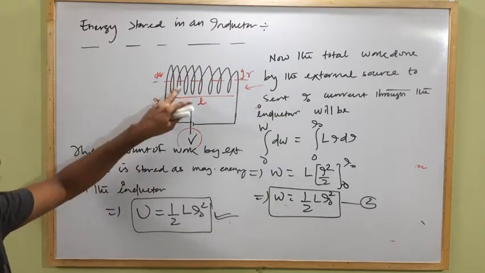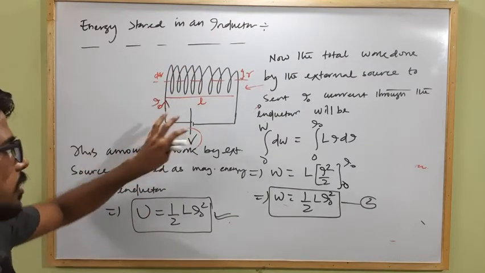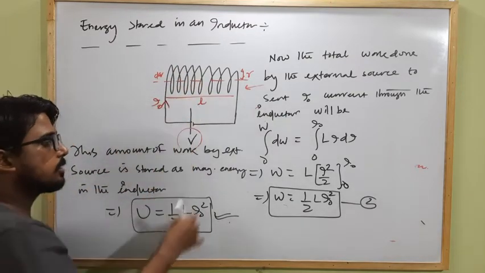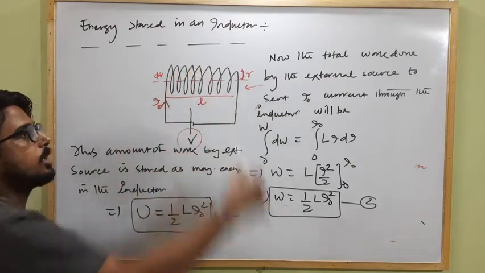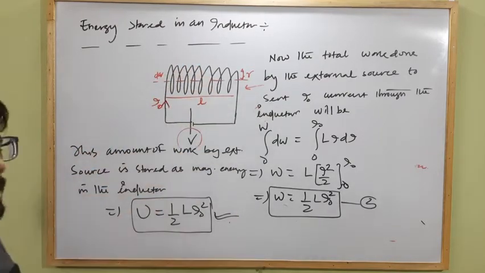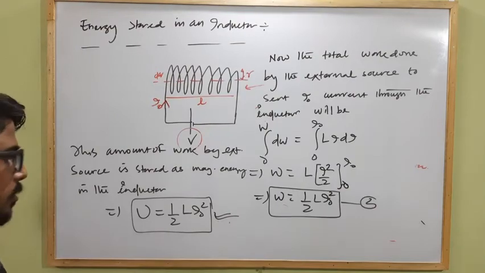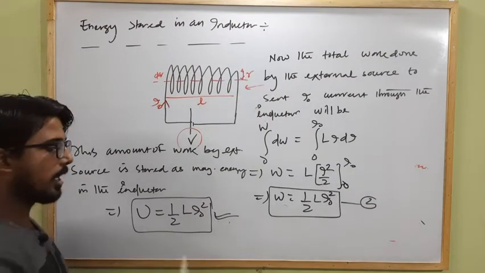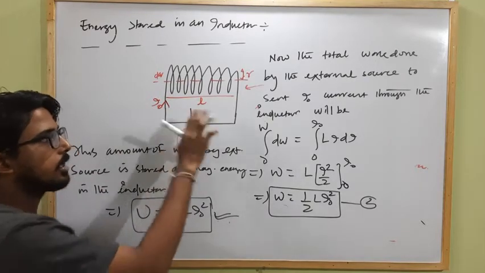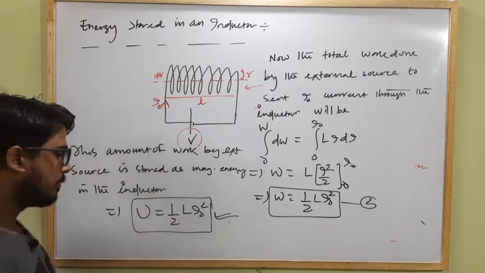As due to self induction it tries to oppose, the external source has to do some work against the opposition. That's why the external work is converted into potential energy, which is stored within this inductor in the form of magnetic energy. Clear? Which is equal to half L I naught square. I naught is the maximum current flowing through this inductor and L is the self inductance of this inductor. Okay.